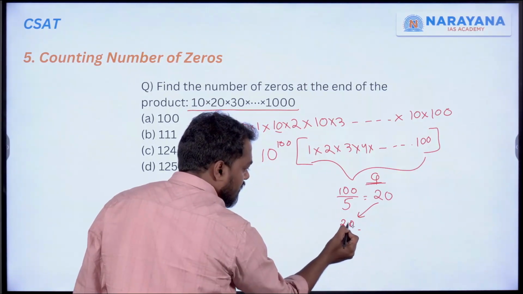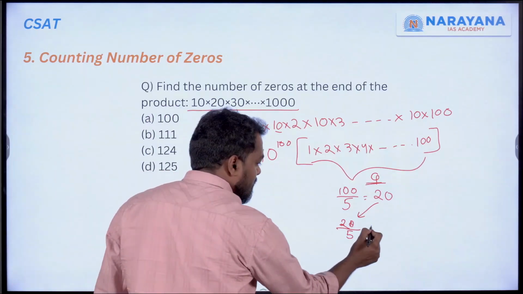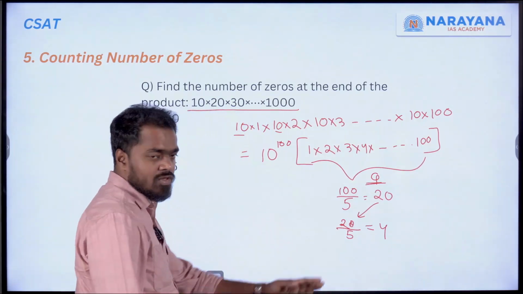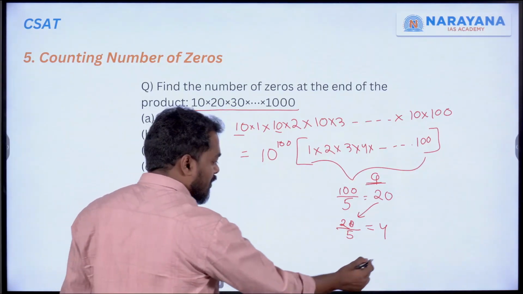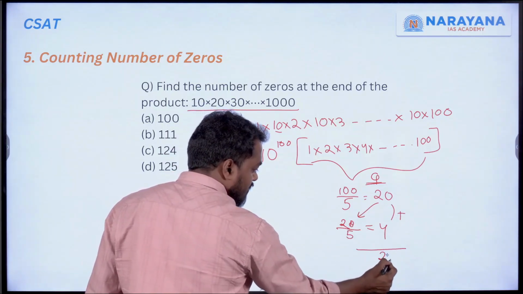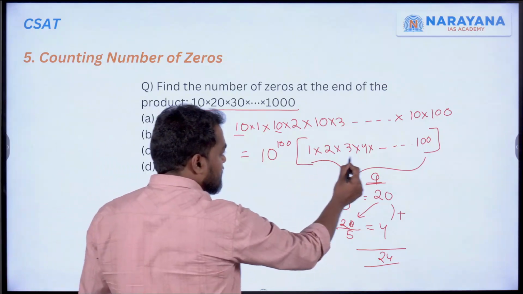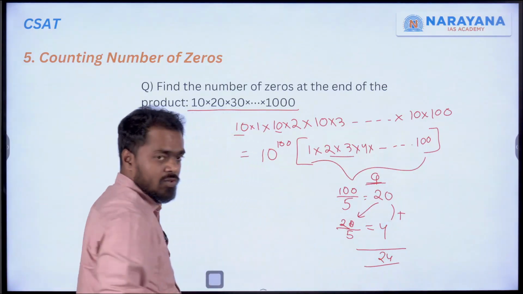Take 20, divide it by 5, the quotient is 4. Now the number is less than 5. Stop the process here. 20 plus 4, 24 zeros are there in this product.